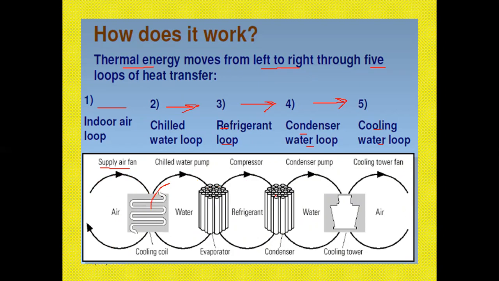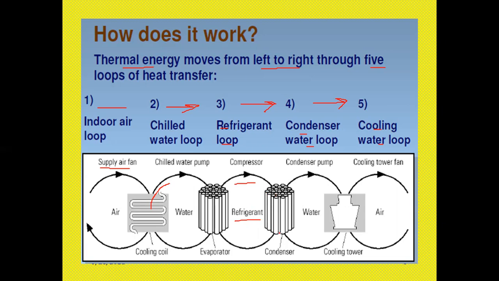Now what is this evaporator doing? This evaporator is sending the water to the condenser by the compression refrigerant loop, using the refrigerant, which is a chemical substance used to cool substances.